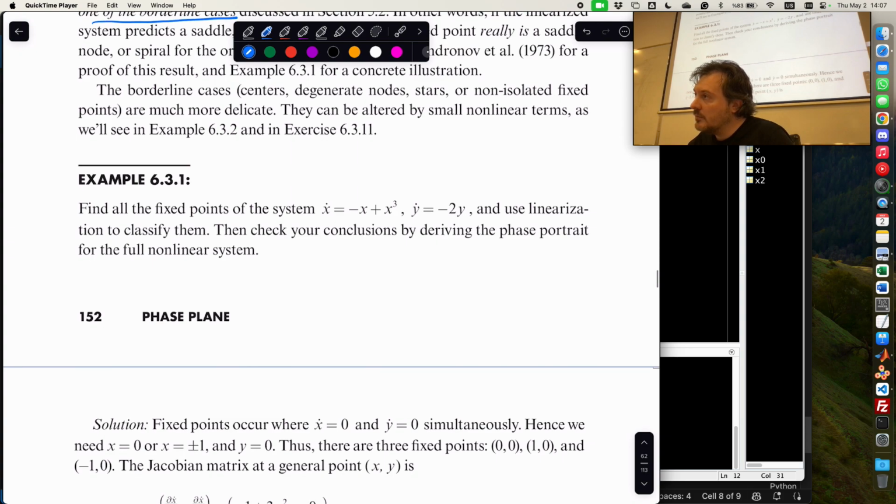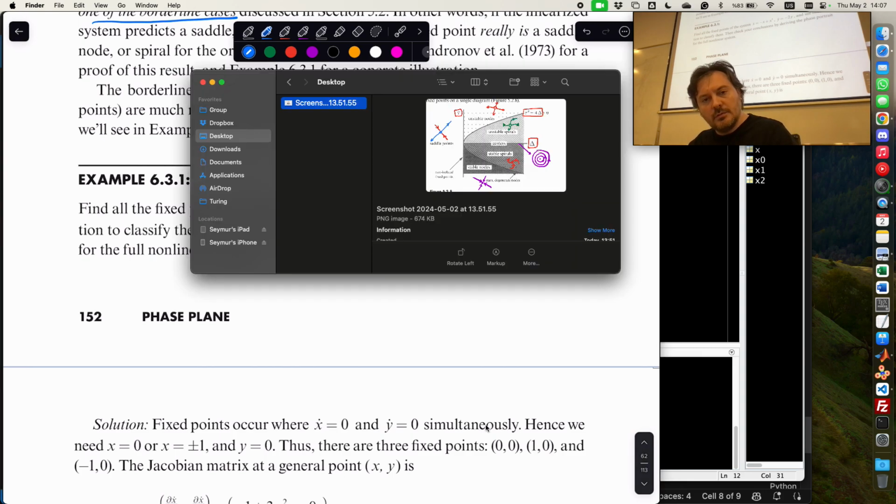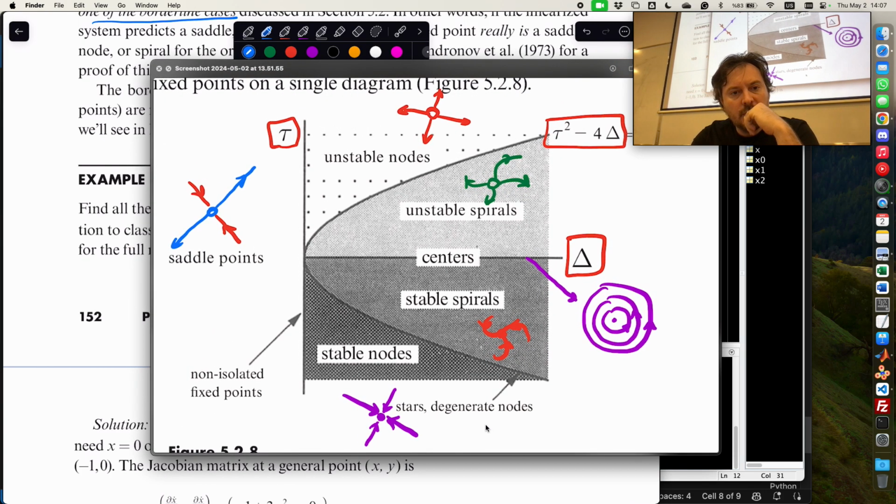In borderline cases, we have 1, 0 eigenvalue, right? Okay, let's see. For example, what does delta equals 0 mean? That equals AD equals BC.